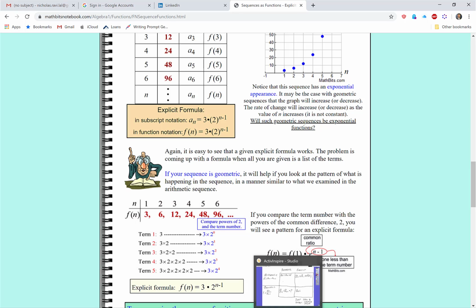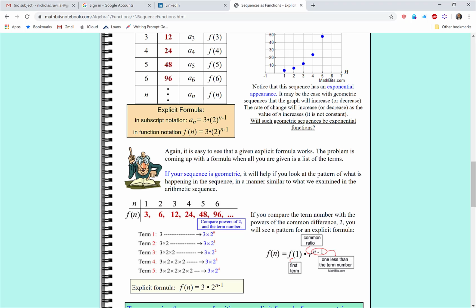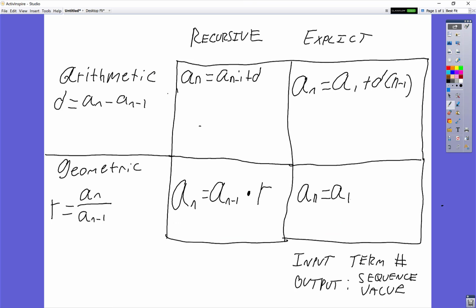Yep. An is equal to a1 times r to the n minus 1 power. So this is saying each term is equal to the first term times the common ratio raised to 1 less than that term number power.